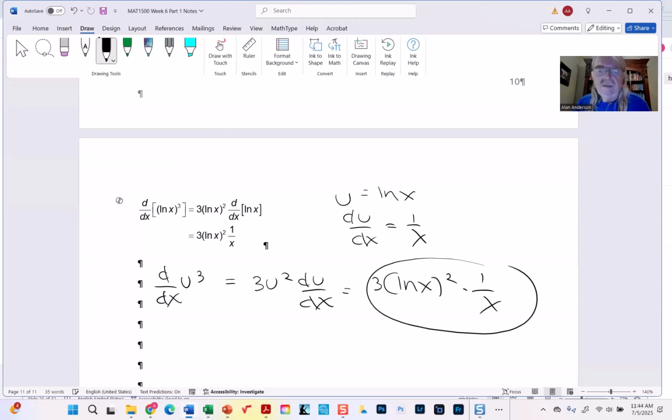Okay. I find u substitution to be very, very helpful because it helps focus your attention on what you're trying to accomplish without all the messy details. Once you realize that it's just u to the third power and u is a function of x, so you need the chain rule, then you just use the power rule for derivatives and you end up with that result.